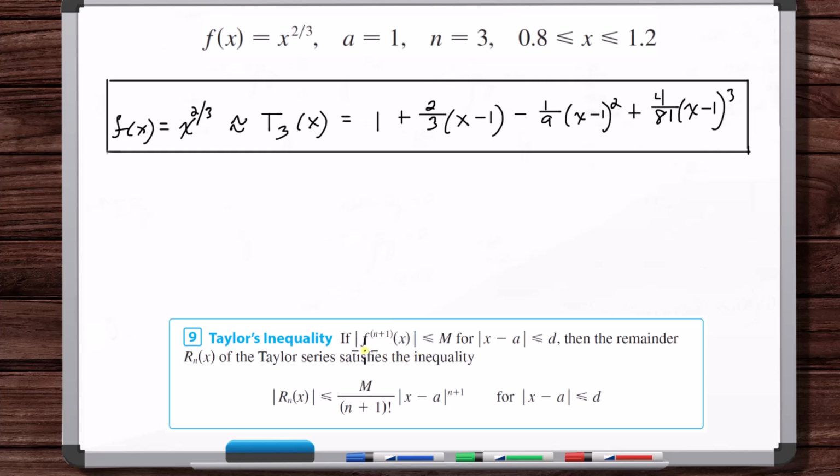So we need the (n plus 1)th derivative to get capital M. Well, we're trying to get R sub n of x. What specifically are we trying to get? What n? What R are we trying to get?